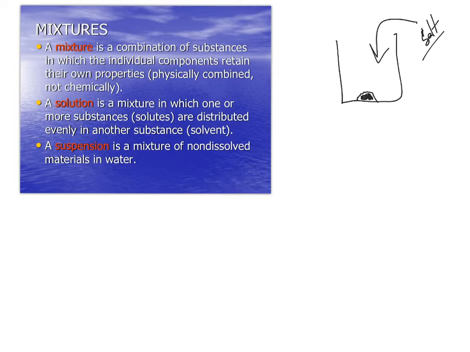And if you add salt and pepper together and mix it up, what you're going to end up with is some pepper inside the salt, and that's a mixture, right? And you can see the little pepper flakes in the salt. So those are the components. They're not really mixing together. They're mixing, but they're not reacting chemically, right? They're just sitting there next to each other.